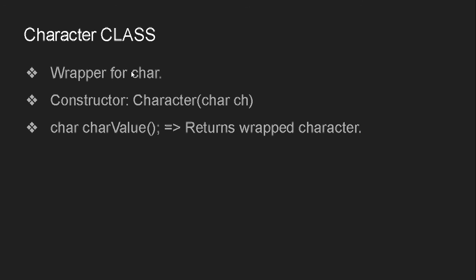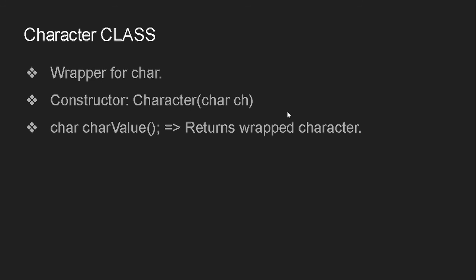And another reason why we use type wrappers is that if you are trying to pass a reference to a method, you can pass a reference only if it is an object. It cannot be done with a primitive type. A primitive type can never be passed by reference to a method.